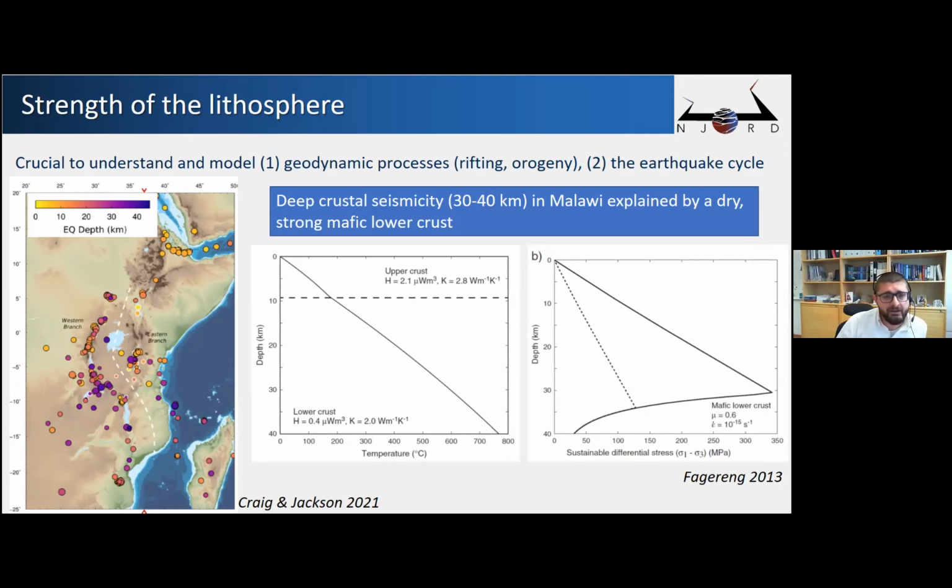The idea there is that these deep earthquakes, down to 30 to 40 kilometers depth, are best explained by a dry and strong mafic lower crust, as these earthquakes occur at depths where the temperature, according to this thermal model, is supposedly in excess of 500 degrees. So frictional deformation there requires the buildup of high differential stresses, which is best reconciled with a mafic lower crust.